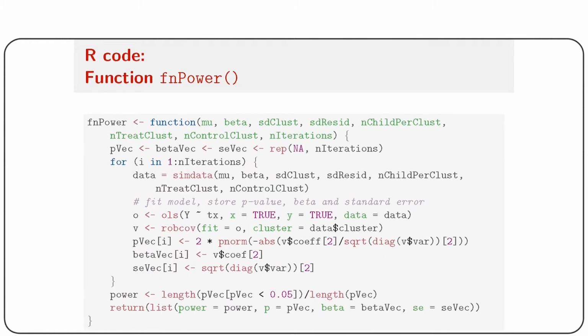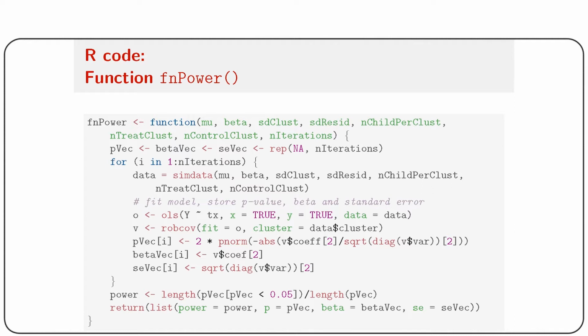Now the power function, again with the same pass-by values that are already listed, using the number of iterations as n iteration, i equals 1 to n iterations.